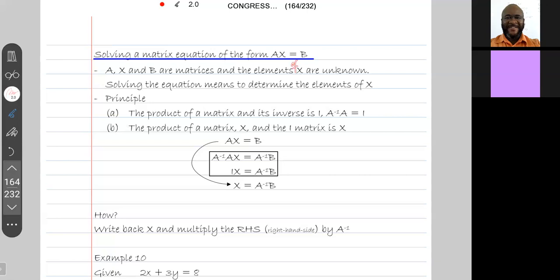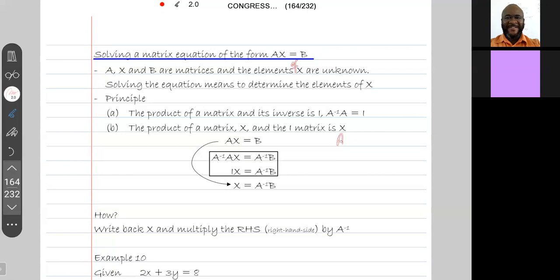The second thing that is important to the solution is that the product of a matrix X and the I matrix is X. Multiplying the matrix X by the I matrix is the equivalent of multiplying an integer by the number 1. So if I multiply X by I, I'm going to get back X. It is unchanged.